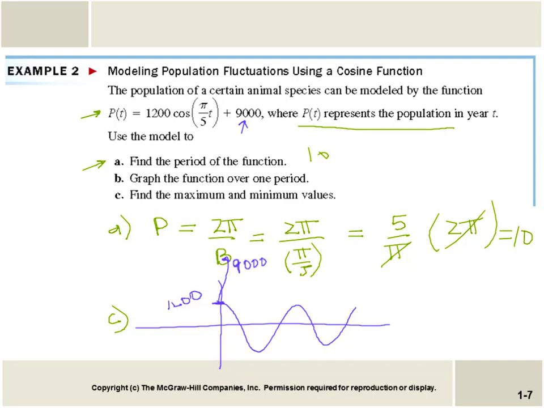So the maximum is going to be 9,000 plus 1,200, which is 10,200. Okay, perfect. What's the minimum value? Michael, you can finish since you did such a good job.